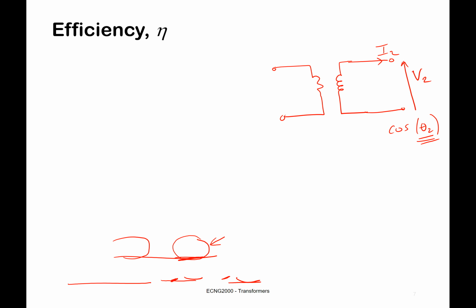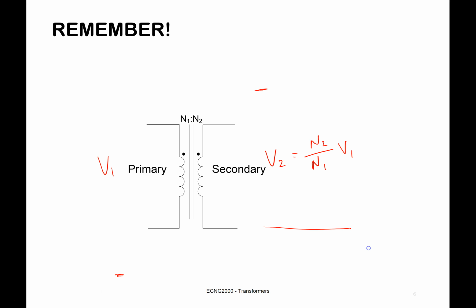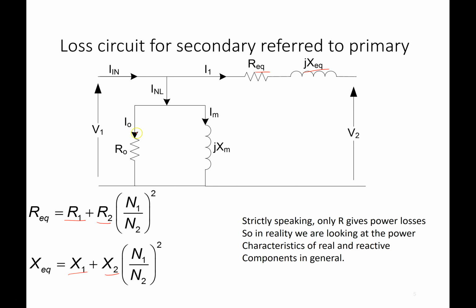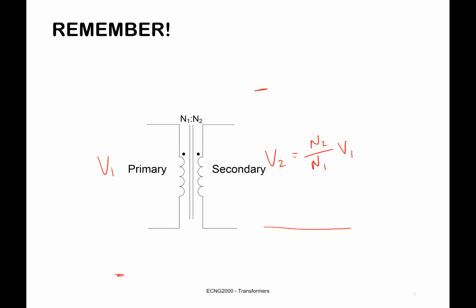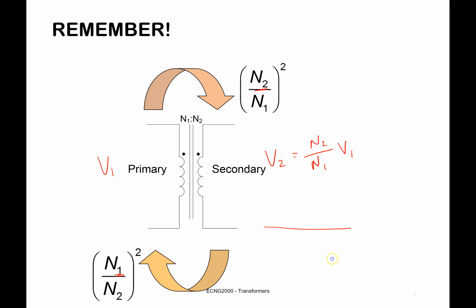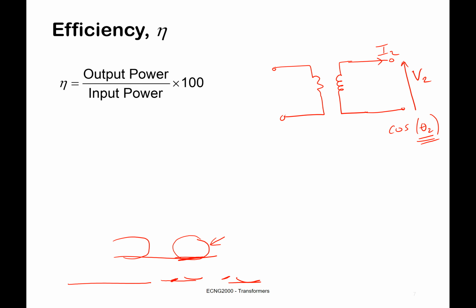If we go back till we get the circuit, I have to go back a little way, you will see I0 R0, and I1 squared R equivalent. So one of the common mistakes is using I in instead of I1 or I0. So all you have to remember is this is just the power dissipation in that component. So the same way you'd have done it in circuit analysis is the exact same concept here.